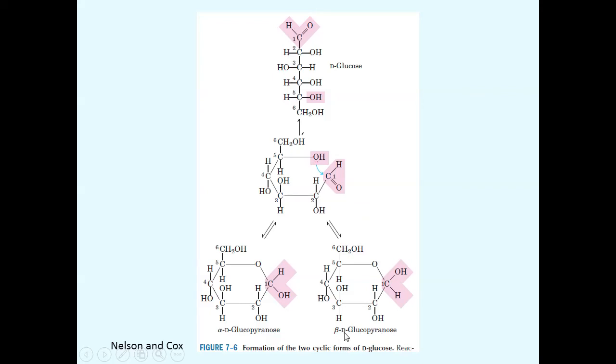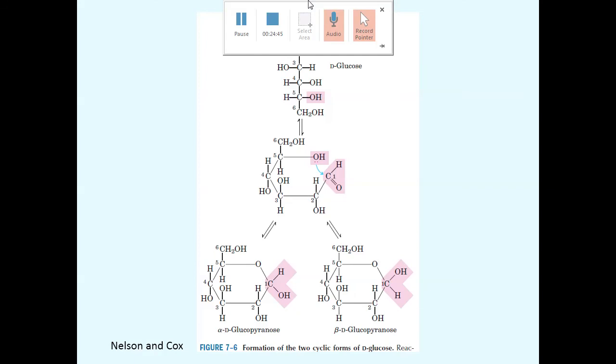Both of these anomers are interconvertible as well. The cyclic form of sugar opens up, undergoes rotation around the anomeric carbon and recyclizes, thus converting one anomer into the other. In solution, free monosaccharides can exist in all three forms: straight chain, alpha anomer and beta anomer.